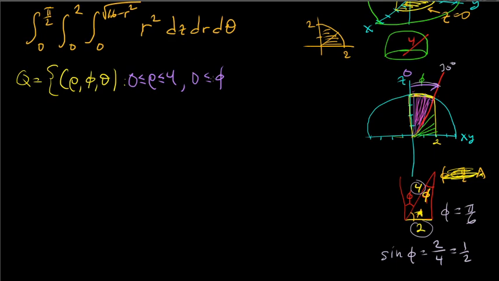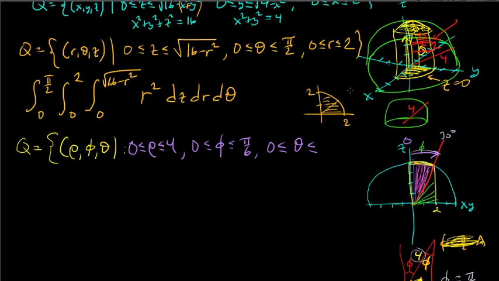So we'll just say pi over 6 instead of 30 degrees. And finally, theta. Theta is not going from 0 to 2 pi, or even 0 to pi. It's the same theta as in cylindrical. We're only going a quarter of the disk. So that's pi over 2.